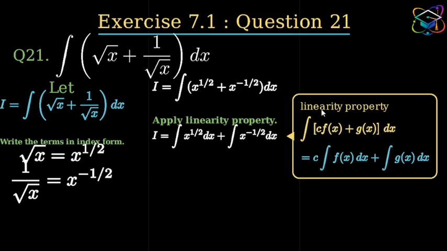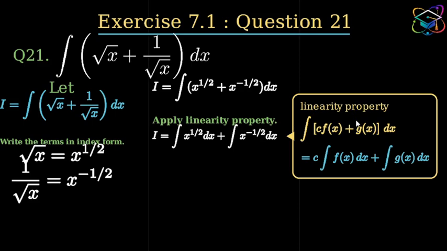Now what does the linearity property say? Linearity property says that integration of c f of x plus g of x dx is equal to c, where c is a constant. There is a property of integration where if the constant is within the sign of the integration, it can come out. So c has come out, and then integration of f x dx, plus integration of g x dx.